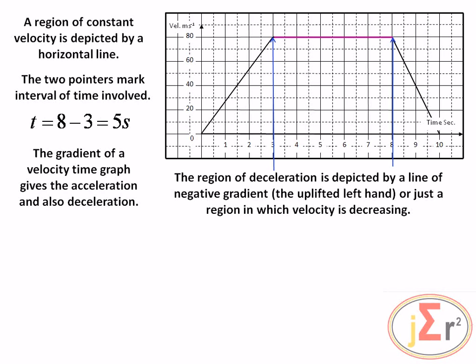The one with the uplifted left hand, or slopes in the direction of the uplifted left hand, is our line of negative slope, and this one is representing a deceleration. So the velocity is decreasing, and that is indicated by a negative gradient or by the uplifted left hand.